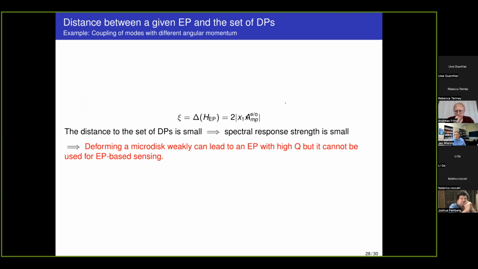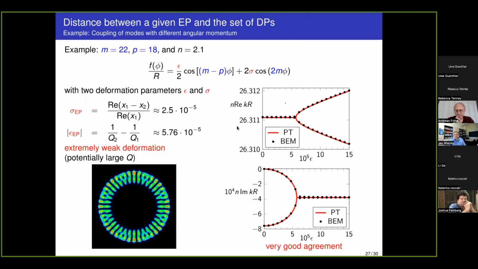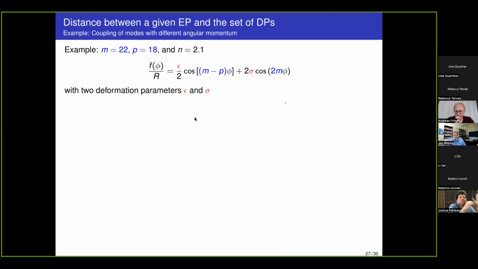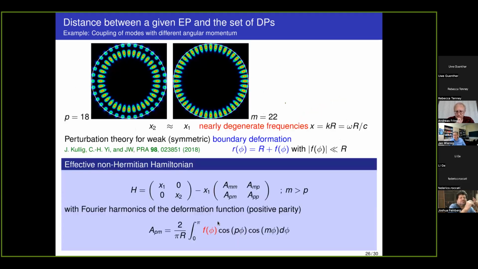Yeah, I've seen you came a bit later to the talk. You want to have values, I mean, numbers. The point is that the perturbation parameters here are of the order of 10 to the minus 5, right? And these perturbation parameters are essentially what enters, you're familiar with the perturbation theory.